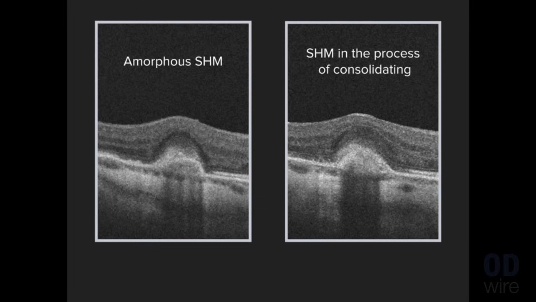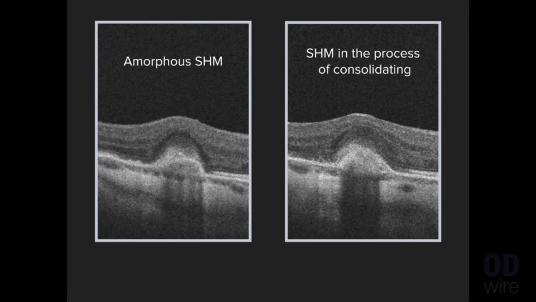And I'm not asking you to simply leave this lecture being able to readily distinguish amorphous from consolidated subretinal hyperreflective material. Although, if you ask me, I do have a few tips for you, and I will show you a few more slides to help out. But no, my point is much simpler. Being able to identify subretinal hyperreflective material is important because it's a key finding in cases of choroidal neovascularization.